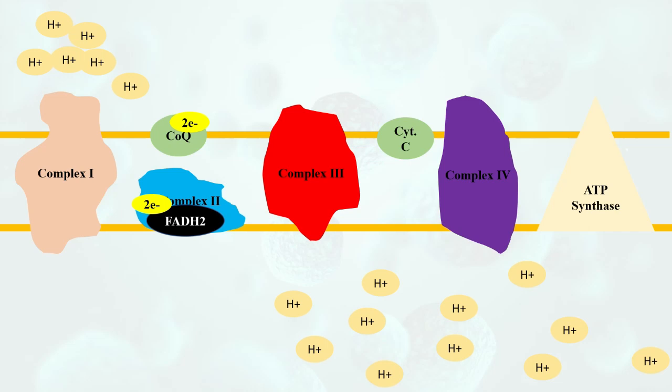After it gives the electrons, it will become FAD. So you can see that complex 2 cannot just hand over the electrons because as you can see, CoQ already has one. So just think about this as it needs to give the electrons to complex 2. When it is vacant, then CoQ can accept the electron from complex 2.